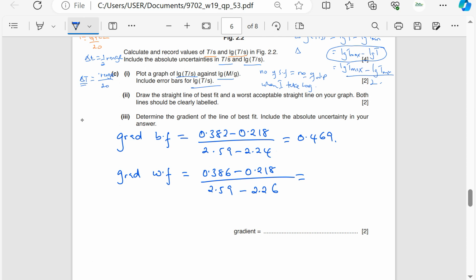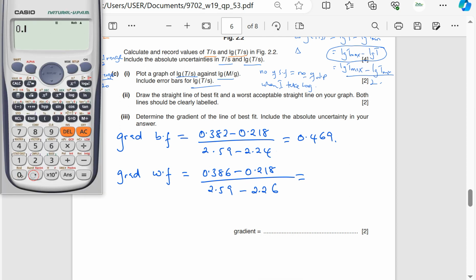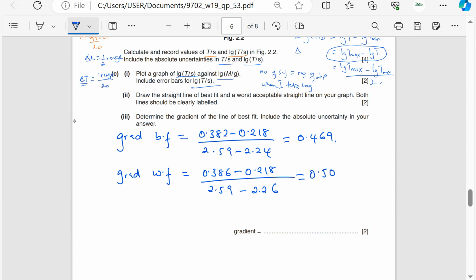Then the next one we have 0.386 minus 0.218 divided by 2.59 minus 2.26. So this is 0.509, because it's 09 repeated.